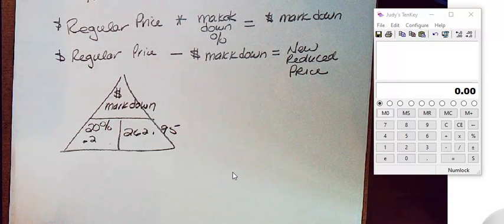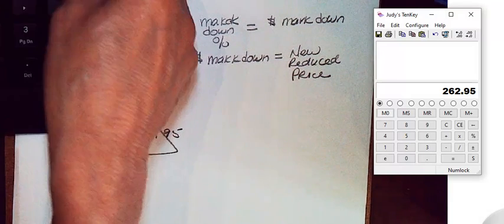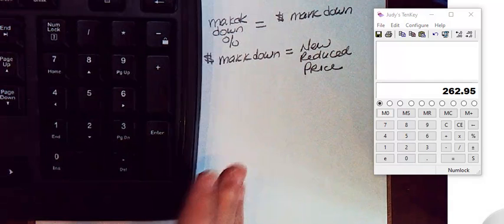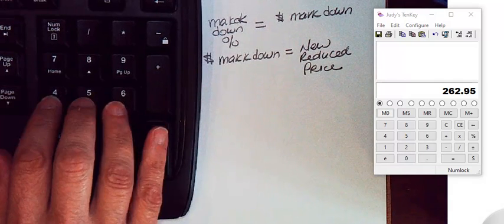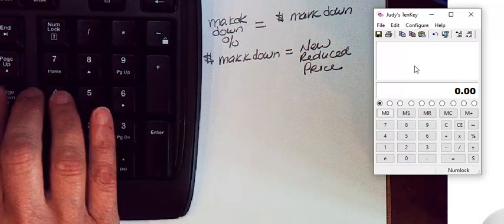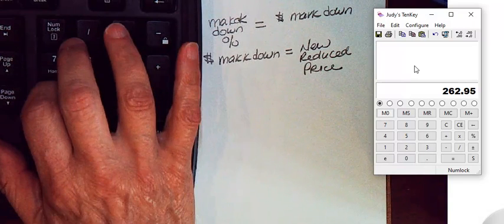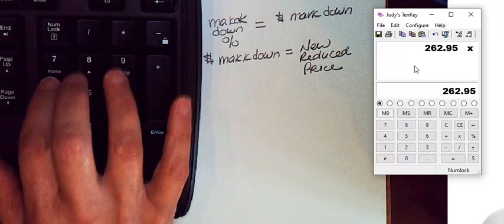Okay, so we will take our $262.95. Let me move this over. Okay, so the $262.95 is the regular price times the markdown rate.